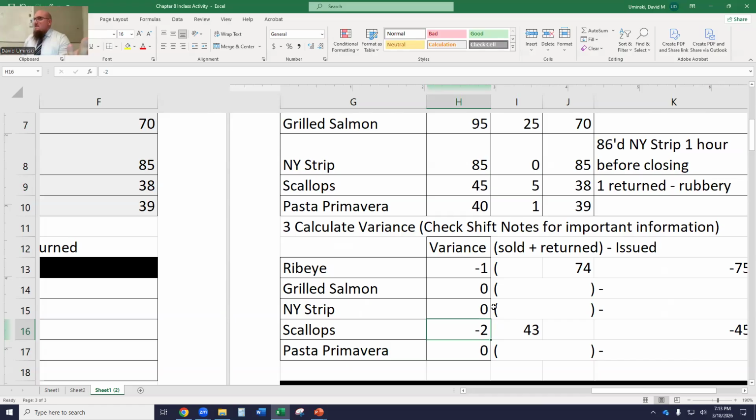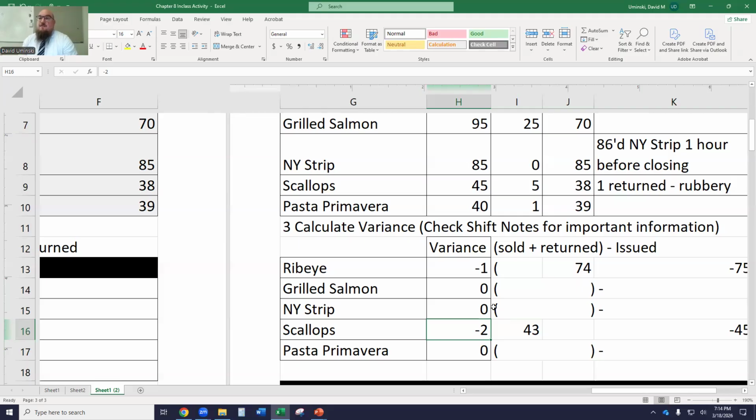My perpetual says I should have sold this many, but in reality, my physical went out one extra. And so we have to remind Robert, hey, don't forget, if you have to make something over again, ring it in as a remake. That way we know we can go back in and comp it off. But we still need to make sure it's in there so our physical and perpetual inventory match. I'm still missing one scallop, so I've got to figure out where that other one is going to be.